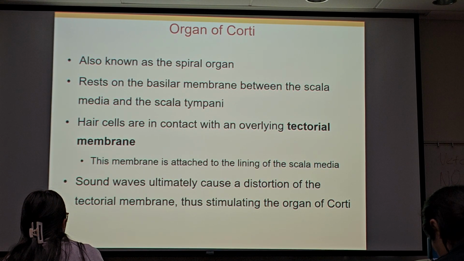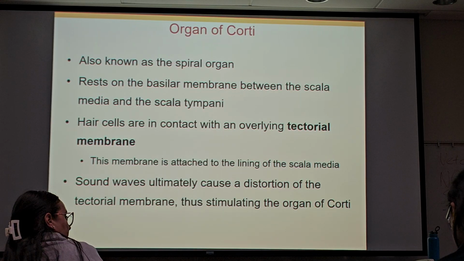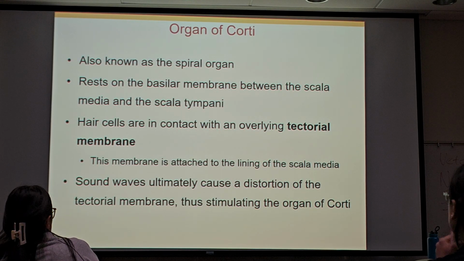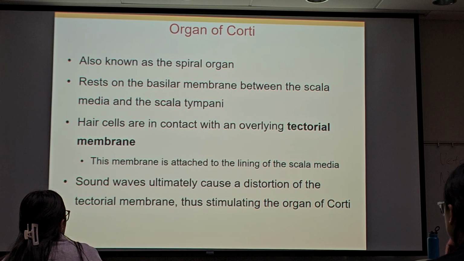There's always a membrane sitting on top of these hair cells, and when it gets disturbed in some way, either it's the otolith membrane sliding across them, right? Or it's the ampulla or the cupula bending them in the semicircular canals.